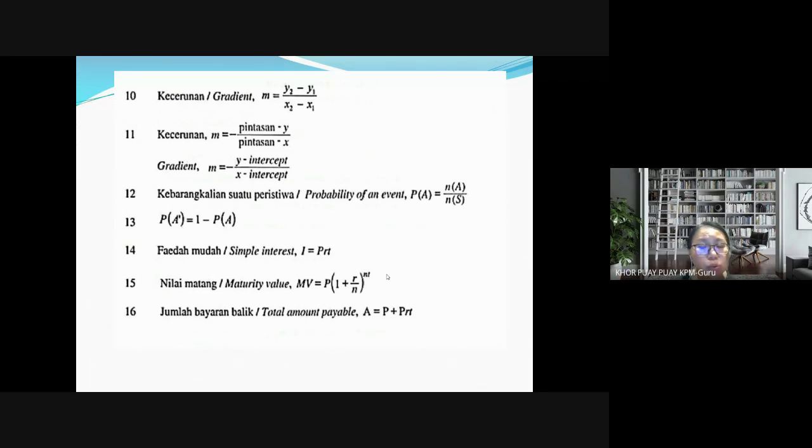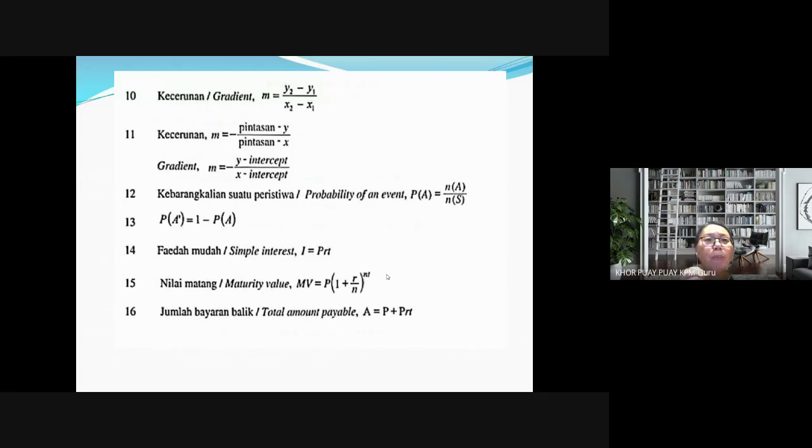Having this formula is no use, you must know where to apply this. Nobody wants to answer. Yes, UJ says compound. Zhishan also says compound. Yes, when the question asks you to count compound interest, it is specifically for fixed deposit. Normally it's fixed deposit.